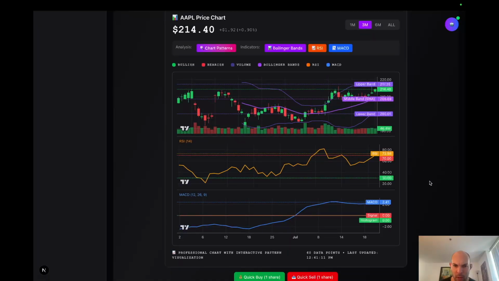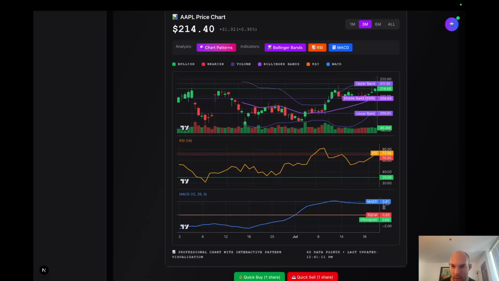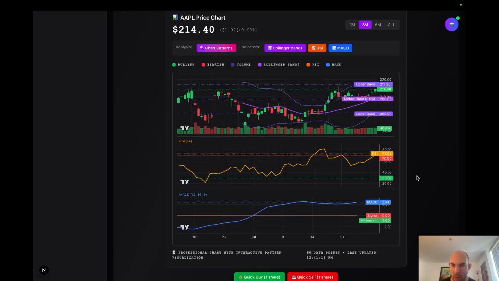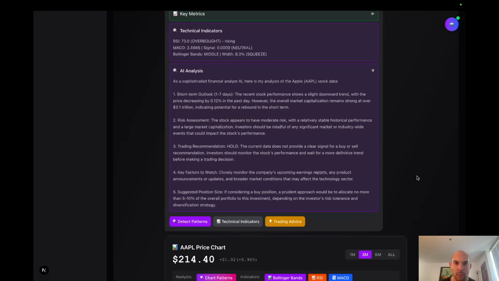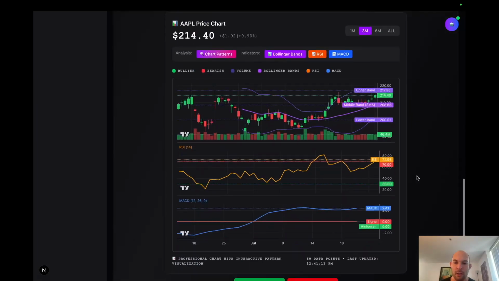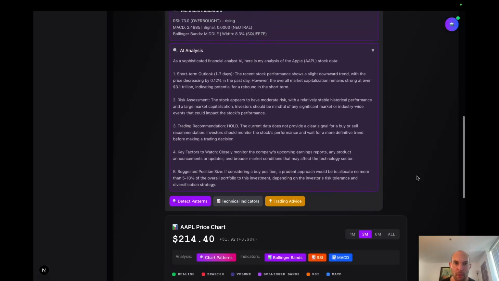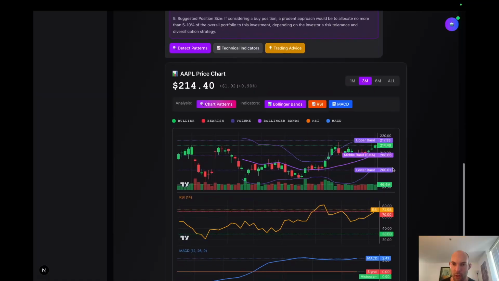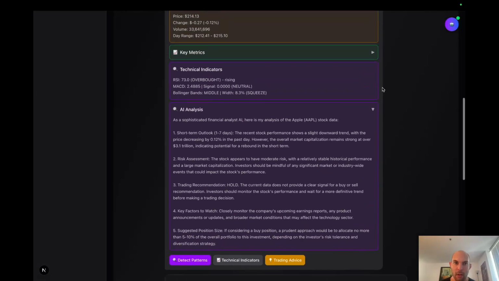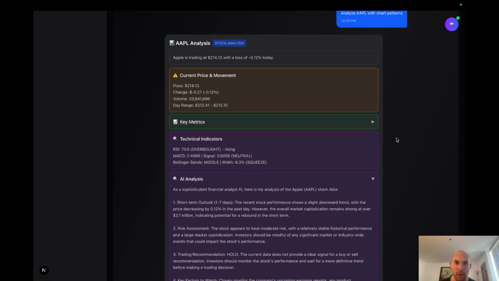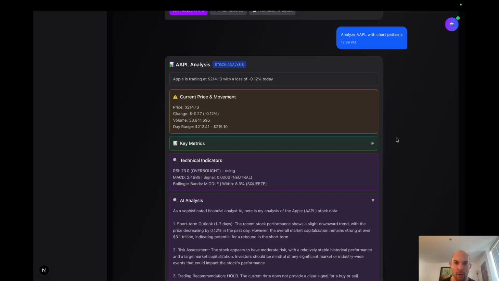MACD is at 2.5. Okay. The RSI is at 73. I said the wrong one. Okay. Yeah. Very cool. So you click that and then you can get it in there. I don't mind that. Key metrics doesn't have anything.